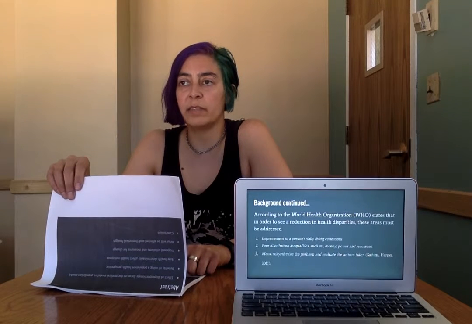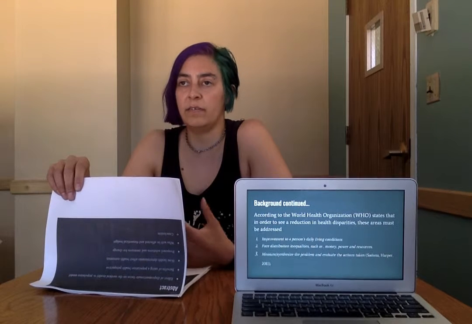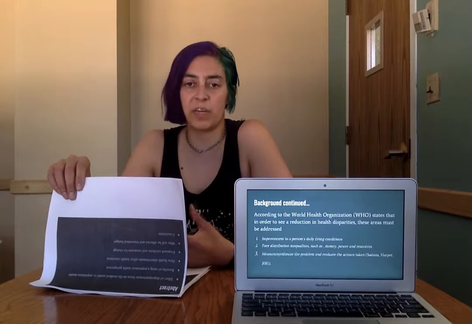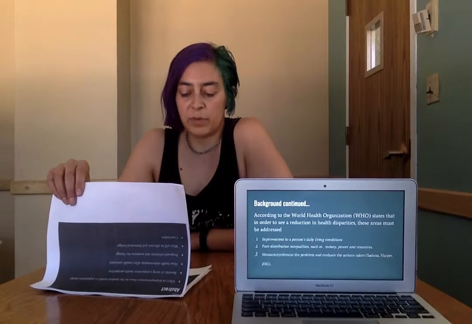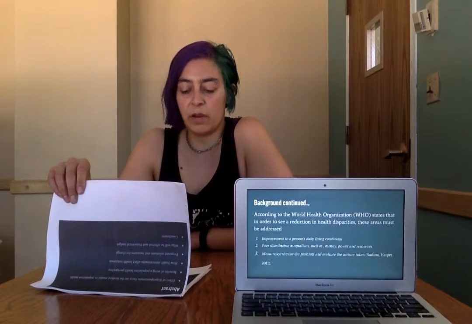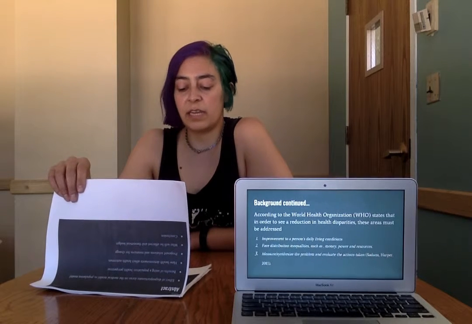It requires health policy and probably many different agencies working together to help level the playing field, because a person can definitely not address those on their own. And three, measure and synthesize problems and evaluate the actions taken.